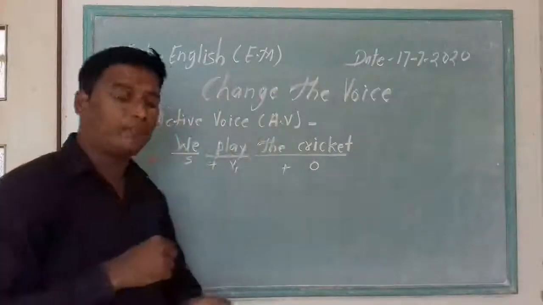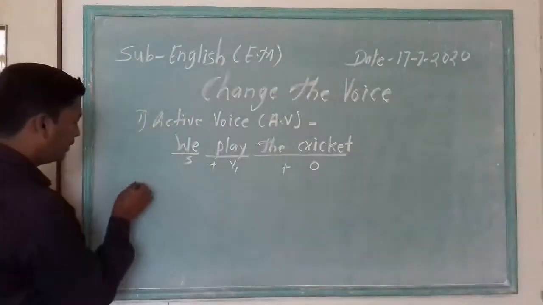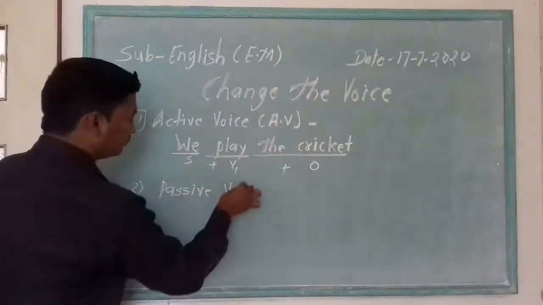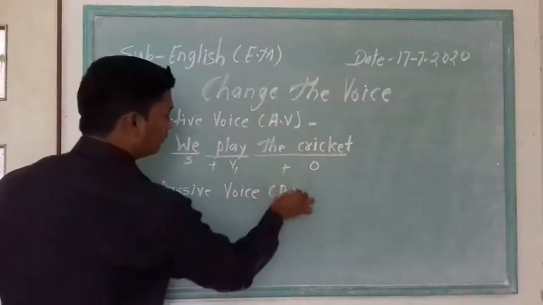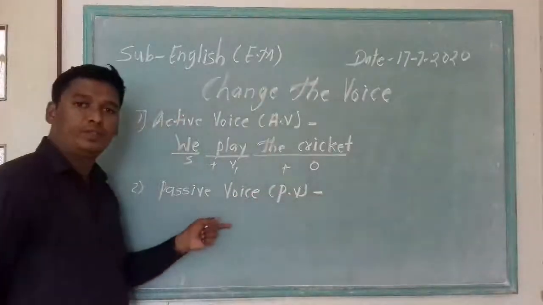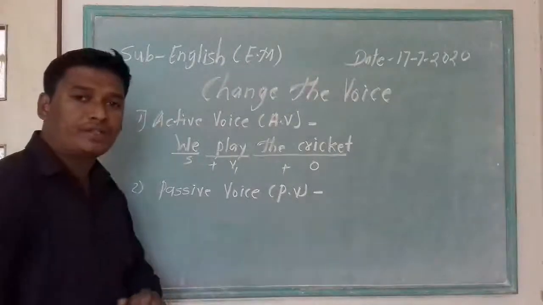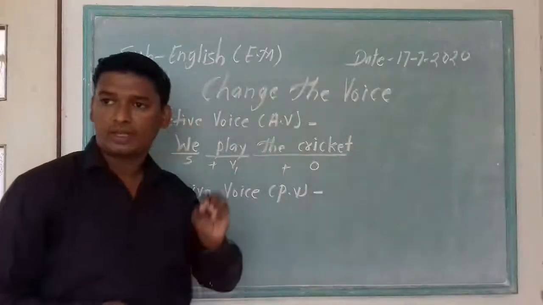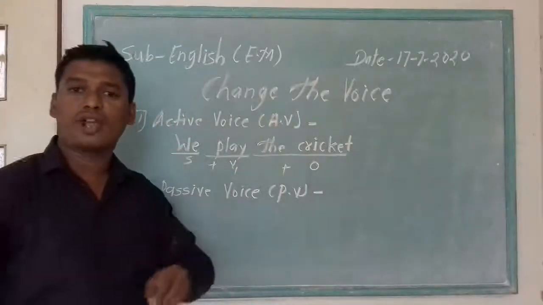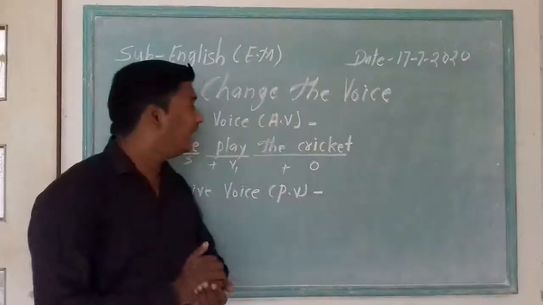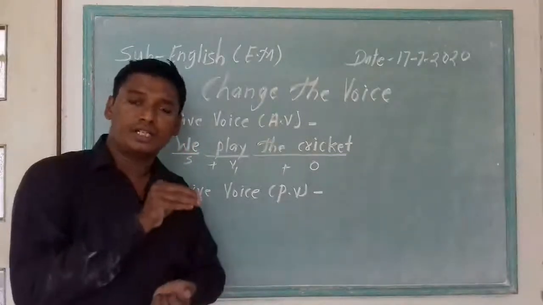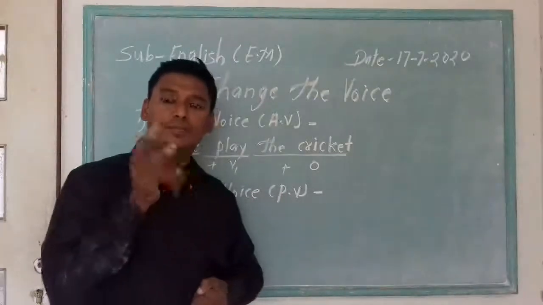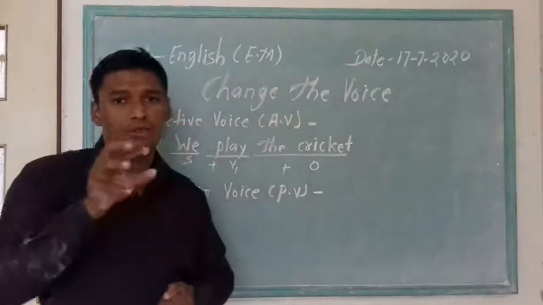Now, second kind is passive voice. PV, in short PV. Look, passive voice sentences always start with object in the AV. In such sentences, the action is focused. The doer of action is not important.